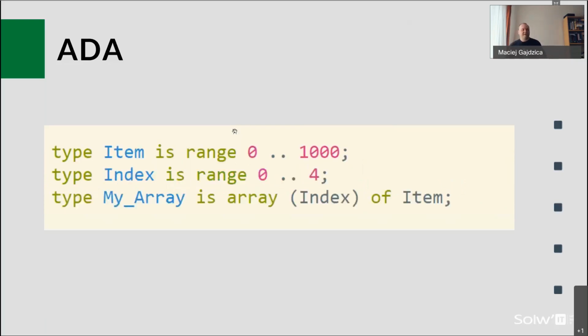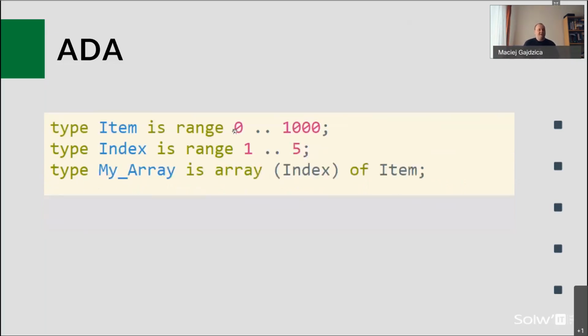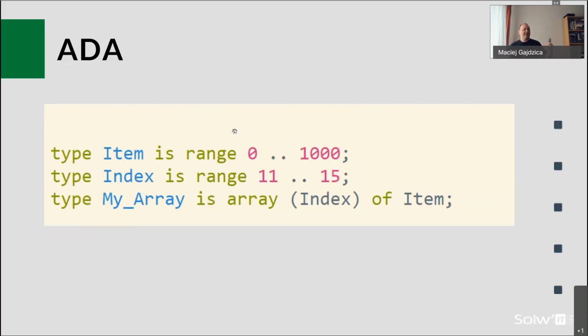And regarding arrays, we also have ranges for the index, so we cannot go out of bounds. Even if we are not real programmers and we start our index from 1 and not from 0, we can easily do it in Ada. And by the way, we can start from any index, so we can handle offsets more easily, because the compiler will do this calculation for us.